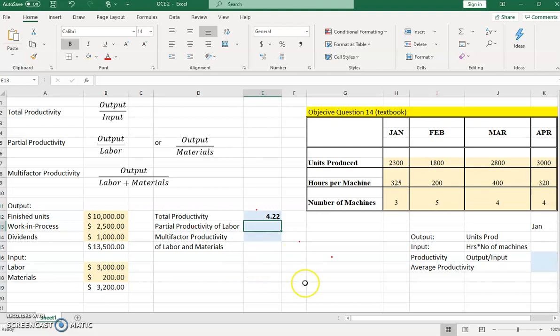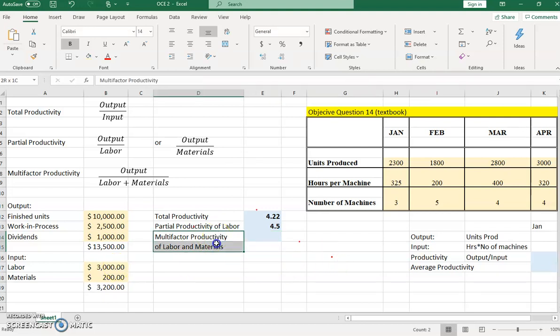Okay. The second one is partial productivity. The partial productivity of labor is going to be equal to my total output over the labor cost, which is 3,000, which is B17, and that comes to 4.5.